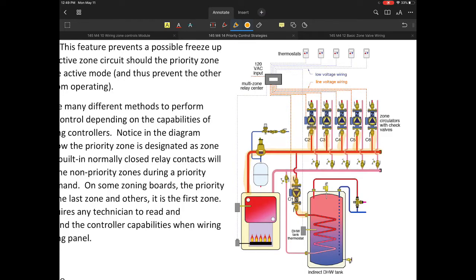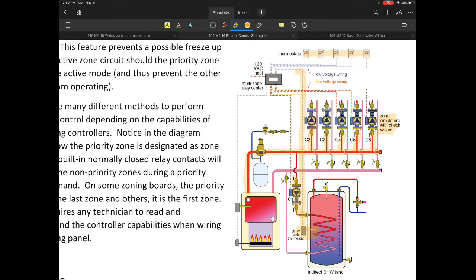On the piping strategies, we have a boiler system, and out of the boiler you'll notice a common header from C2. We've got C1 for the domestic water, and C2, 3, 4, 5, and 6. So we have exactly 5 additional zone valves with circulator check valves built into them, which would be needed in a system like that. Every one of the respective zones has its own thermostat.